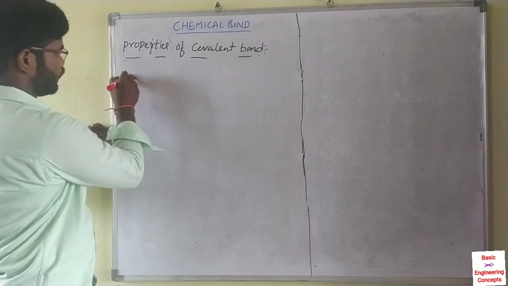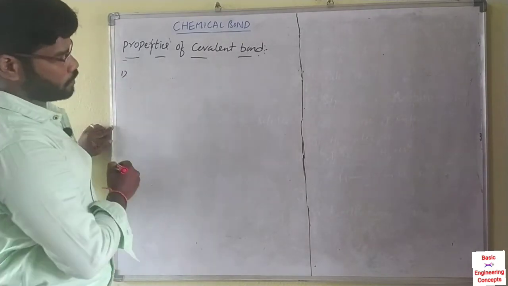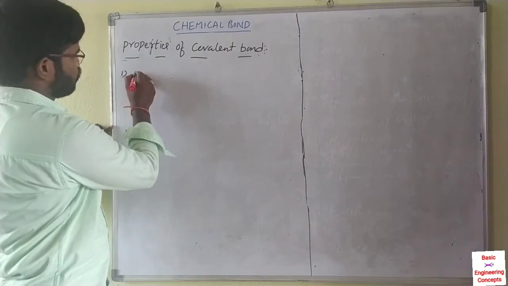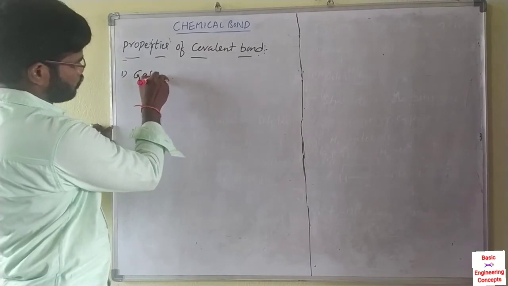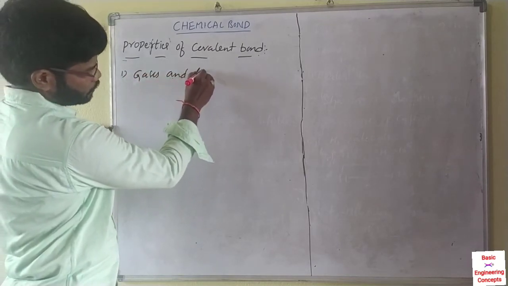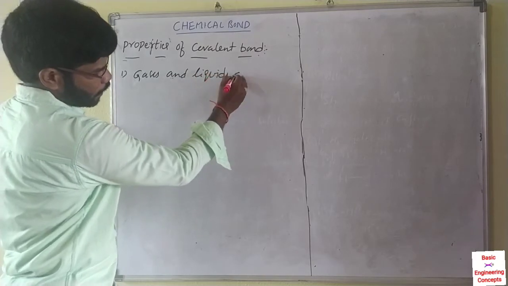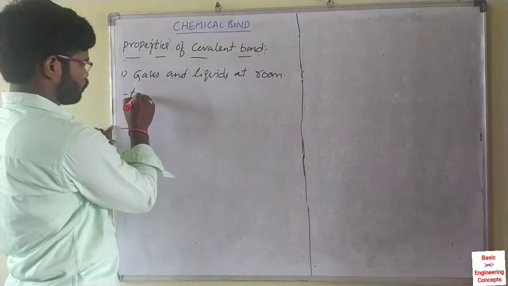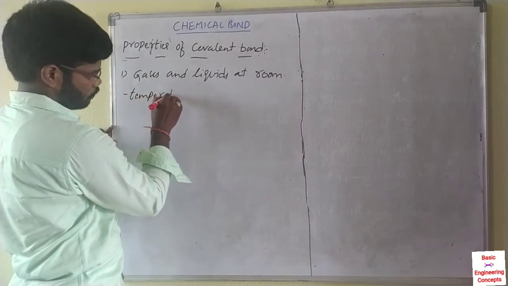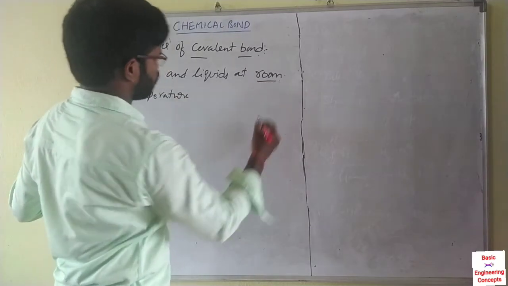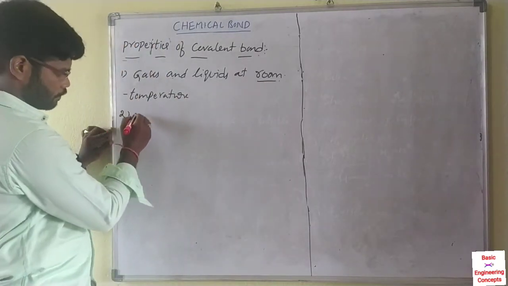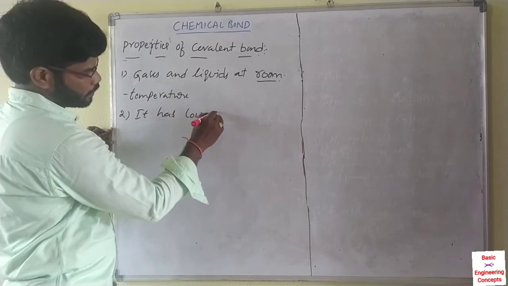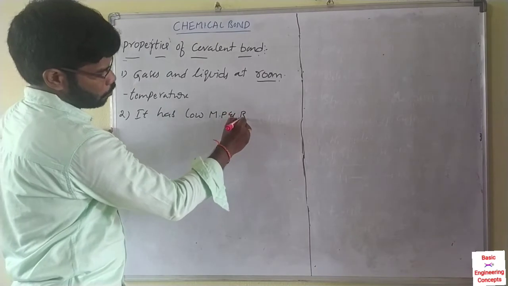First property: covalent compounds are gases and liquids at room temperature. This is one of the properties. Second, they have low melting points and boiling points.